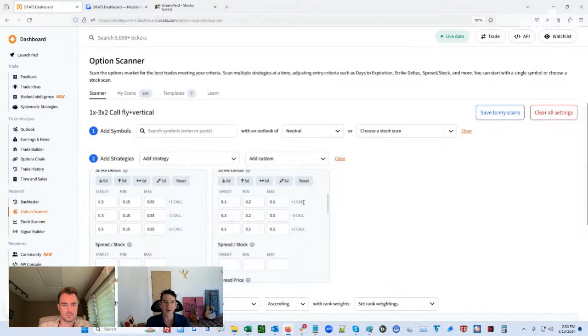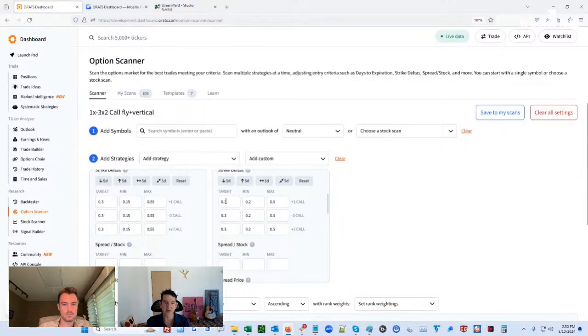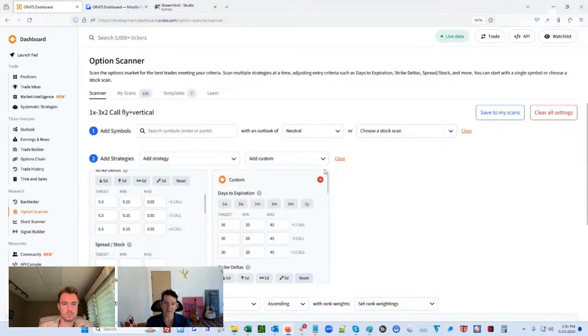So the one that you're buying is the highest delta, and it goes less delta, less delta. So it'd be something like the highest delta might be a 40 delta. This might be a 30, and this might be a 20. Right. And even though it's wide, the scanner will pick the ones closest to your target in that, and do some other weighting. So that's how you set that one up.